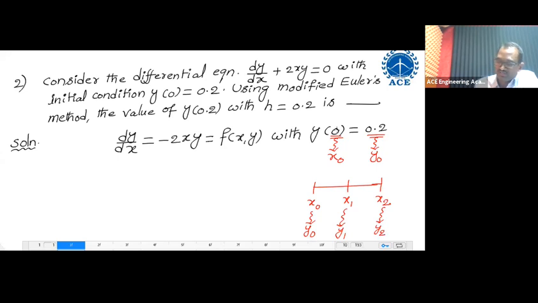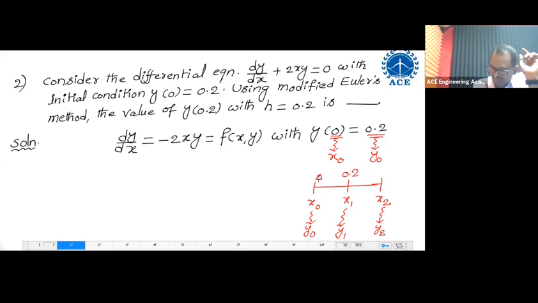X naught value already given here, x naught value 0. Subinterval size 0.2. H is equal to 0.2 means length of the subinterval is 0.2. If this interval length is 0.2, then this value should be 0.2 because this is 0.